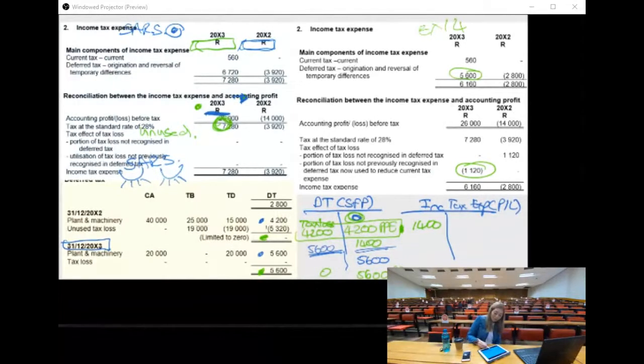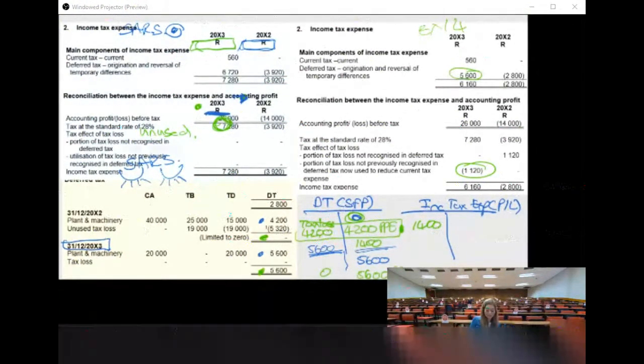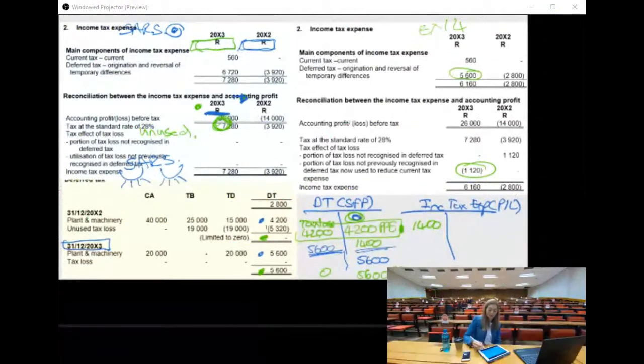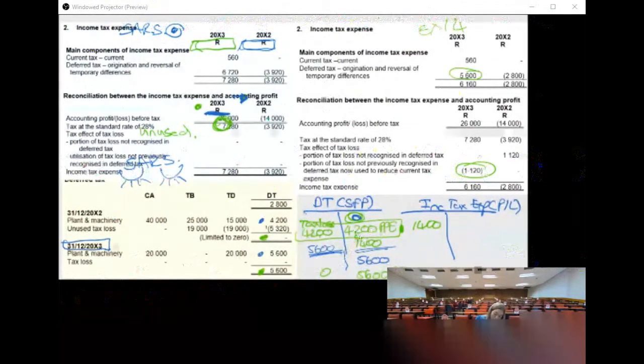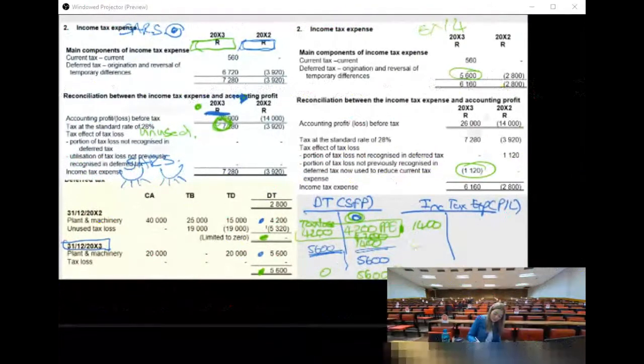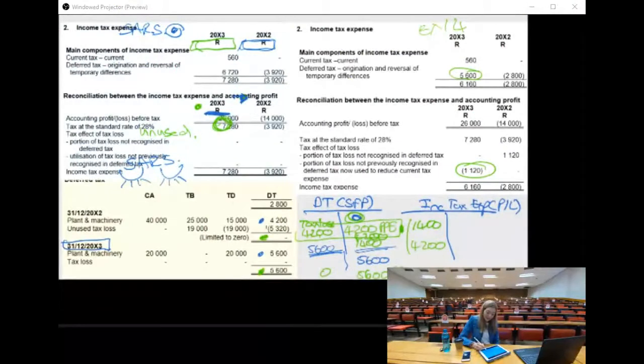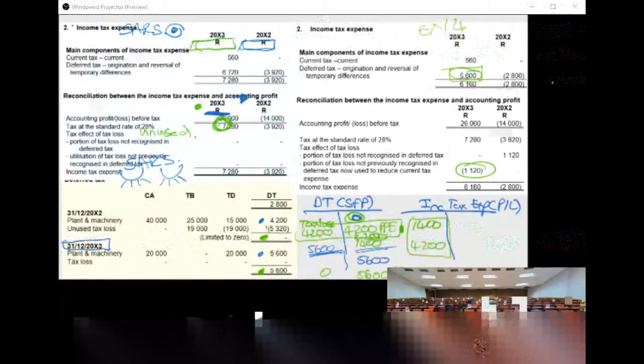But the movement from the 4,200 asset to the 0 would have given us a movement of... I'm confusing myself now. Debit, so it's a credit. Yes, we needed the credit over here of 4,200 as well, so that would have given me the 4,200 over there, and together these two make up the 5,600.